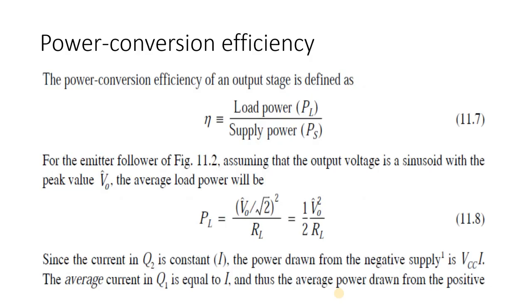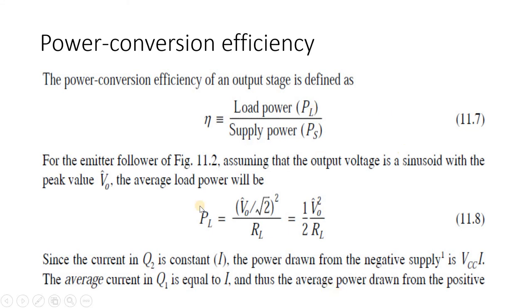Next is the power conversion efficiency, which is very important. The power conversion efficiency of an output stage amplifier is the output power, that is load power, divided by the input power, which here is the supply power. You need to calculate these two separately.